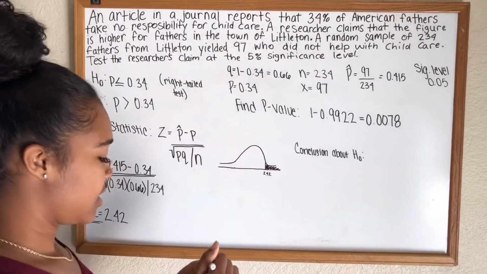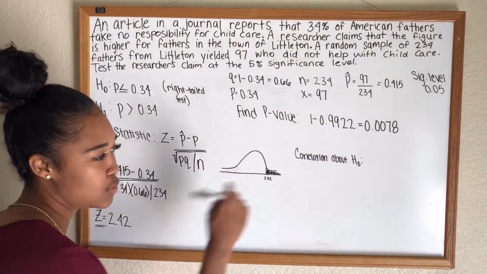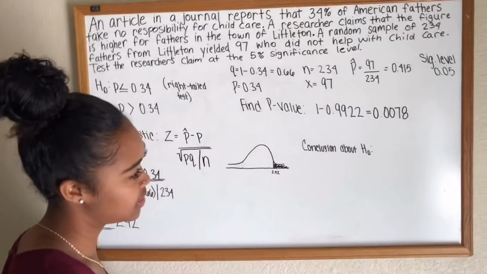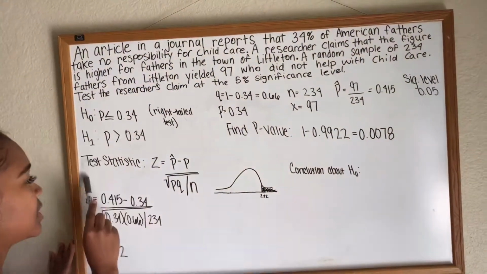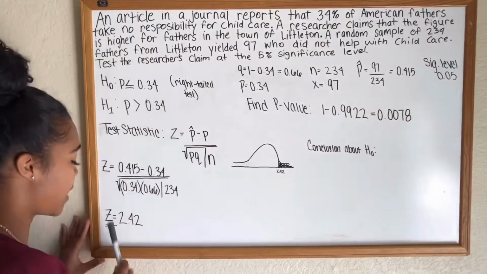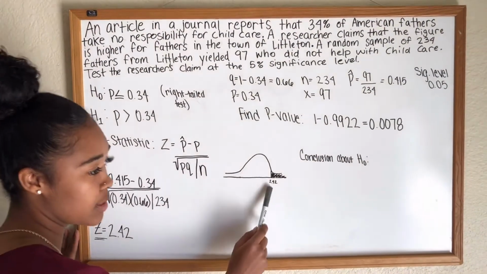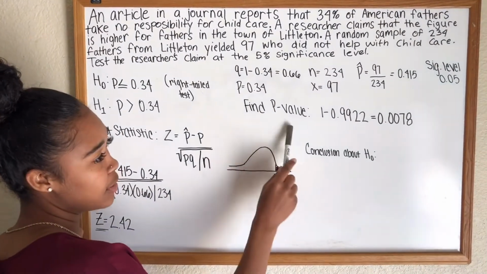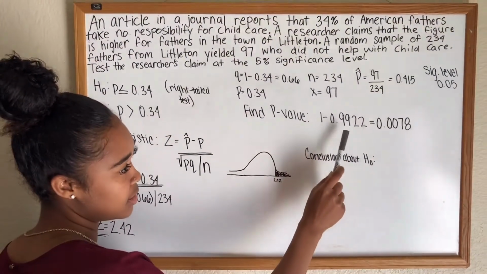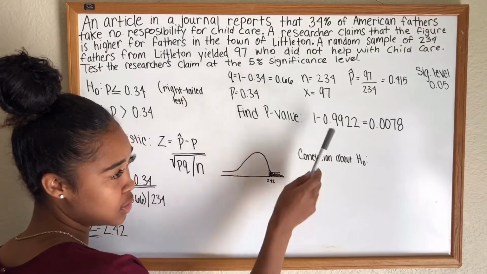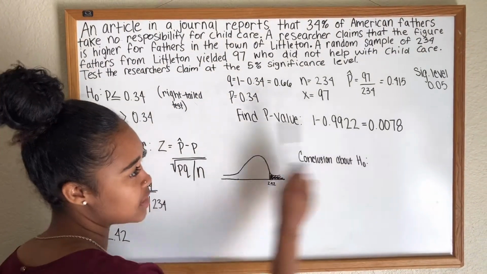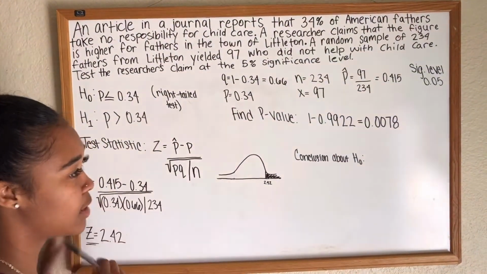Okay? So now we can do our conclusion about the null hypothesis. After we did our test statistic and found the z value, which is the critical value, we found the p-value by subtracting the 0.992 from the 1, and we got this as our p-value, so that's how we found the p-value.